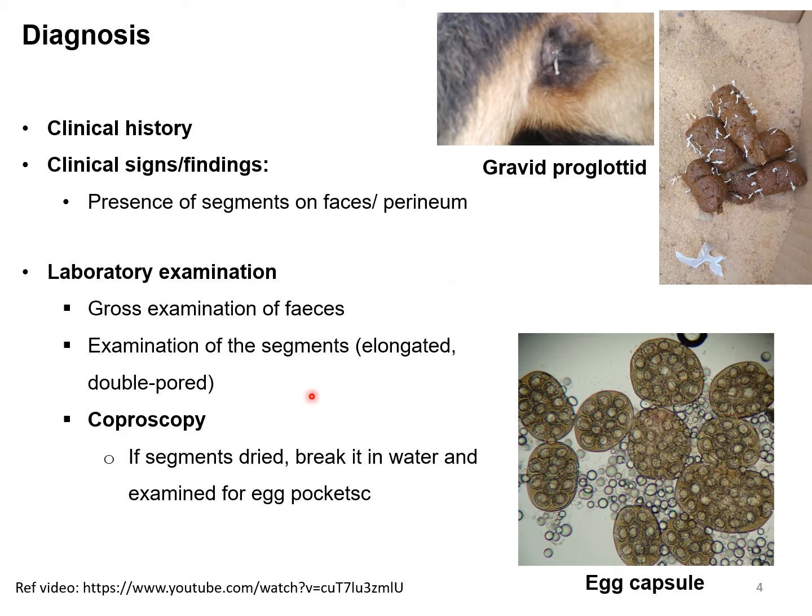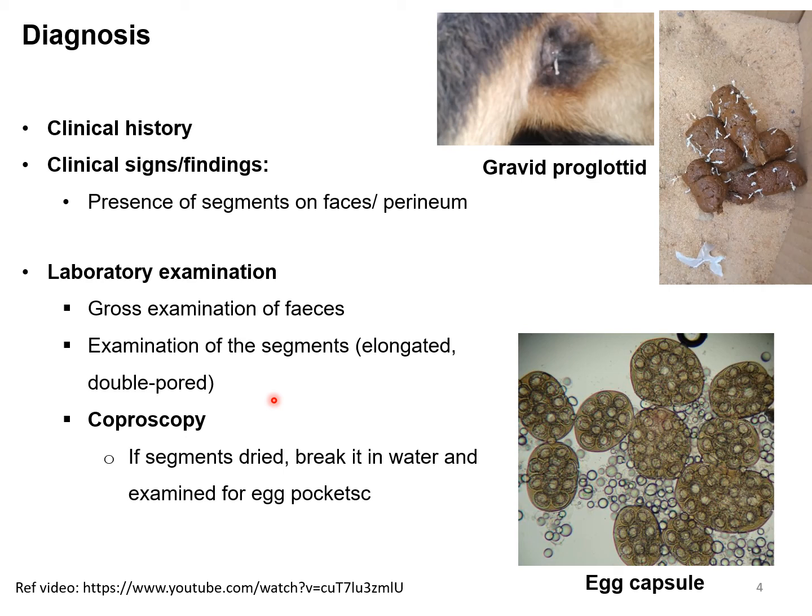And if you have further, you can check the genital organs or the presence of how many genital pores on either side of the proglottid. That also helps you to identify that this gravid segment is from Dipylidium caninum, not from other parasites.